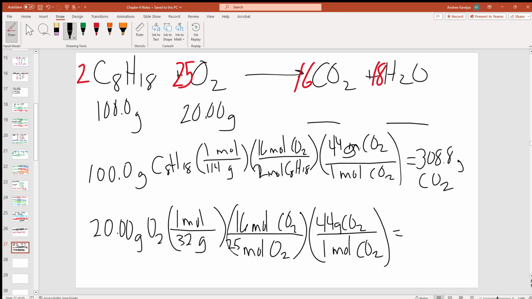So we find our 20 grams of oxygen is actually only enough to make 17.6 grams of carbon dioxide. So clearly, in this case, the oxygen is our limiting reactant.